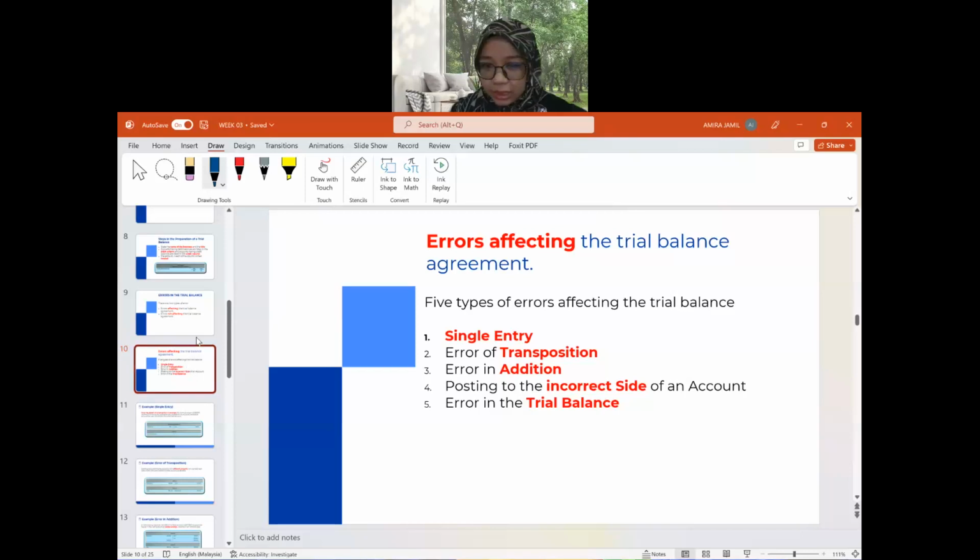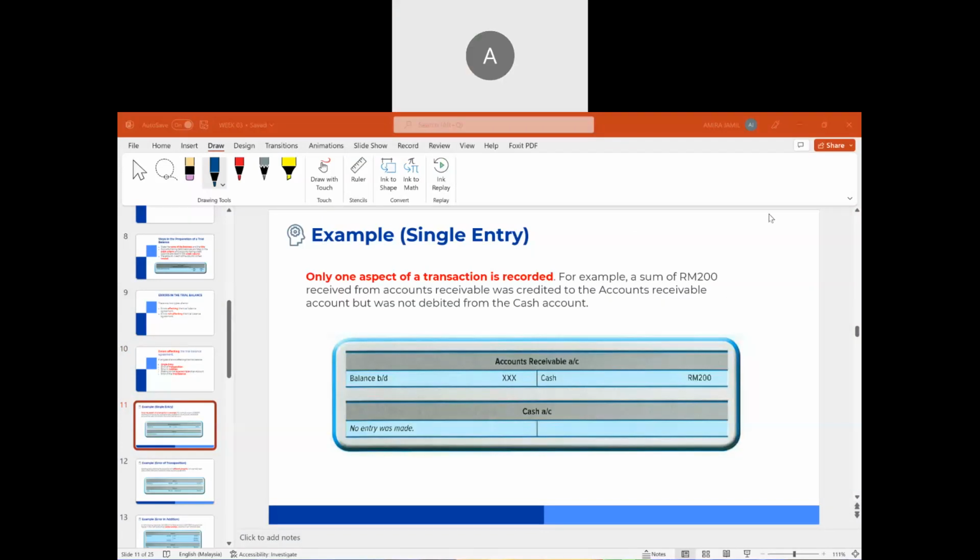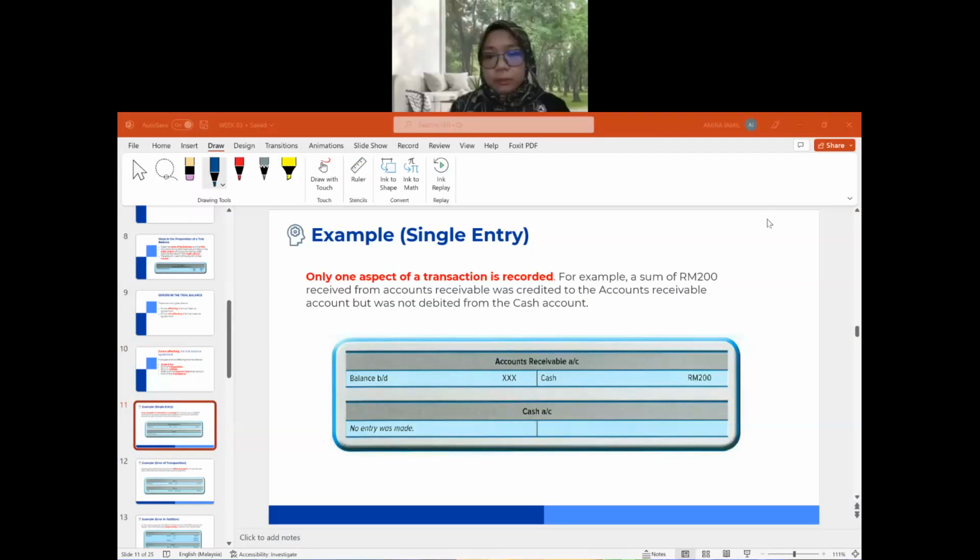Single entry errors, errors of transposition, addition, posting to the incorrect side of an account, or error in the trial balance. For the single entry error, when you record the transaction, you only record one side of the account, only a single entry.